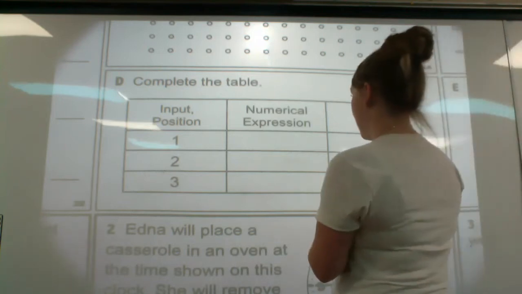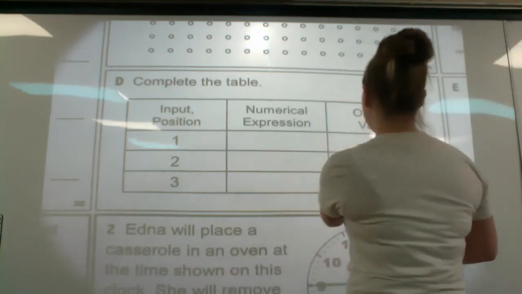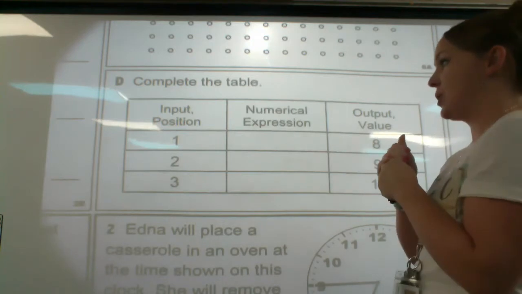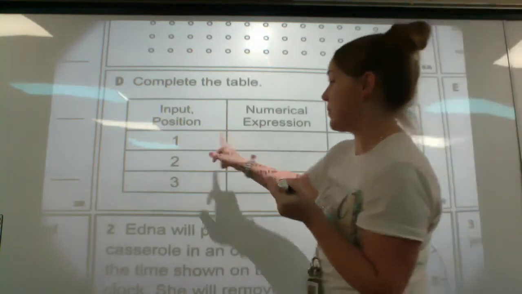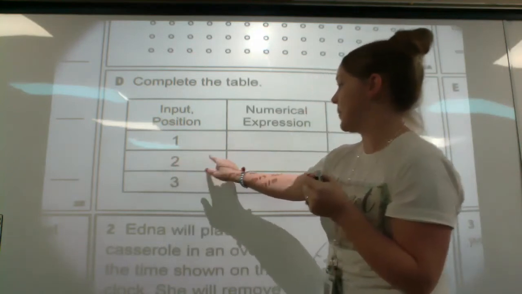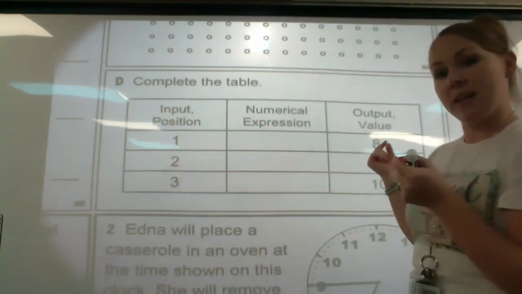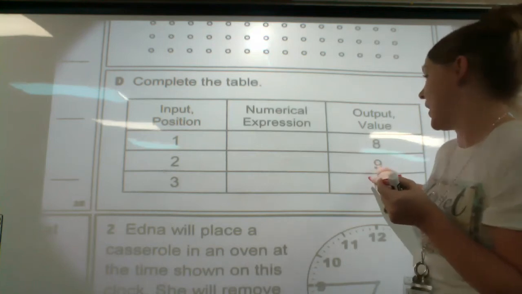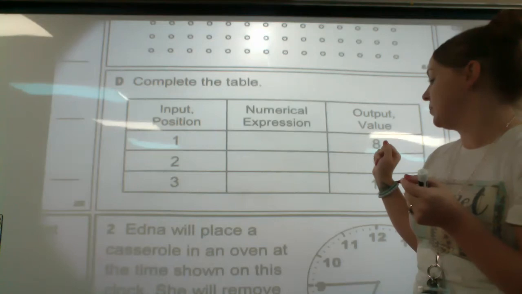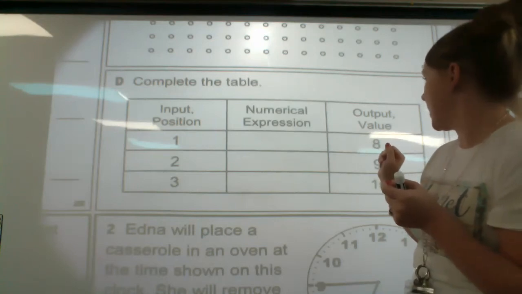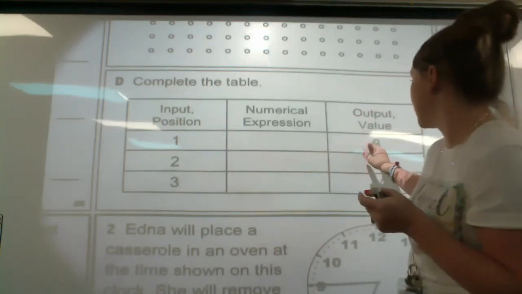How can I get from 1 to 8? I could do 1 times 8, but then I need to make sure it works with this. If I do 2 times 8, what do I get? 16. Well, that doesn't match. So it can't be a multiplication rule. Let me see, how else could I get from 1 to 8?